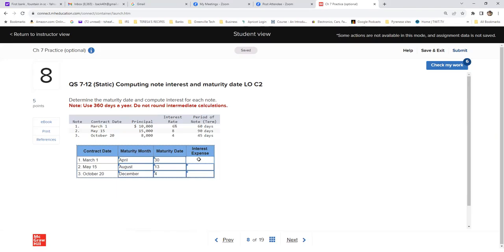And the interest expense for each one, let's see, our interest rate is 6% for the first one. In order to solve for the interest amount, we have to take 60 divided by 360 times 10,000 times 6%. That gives us $100.